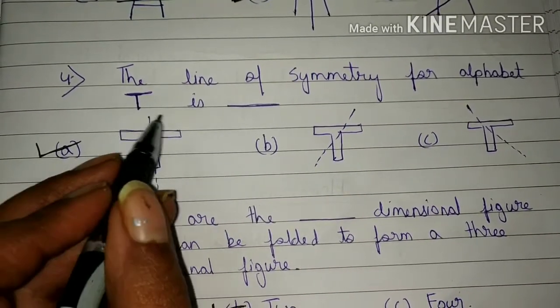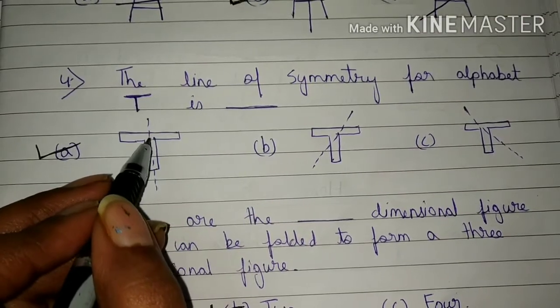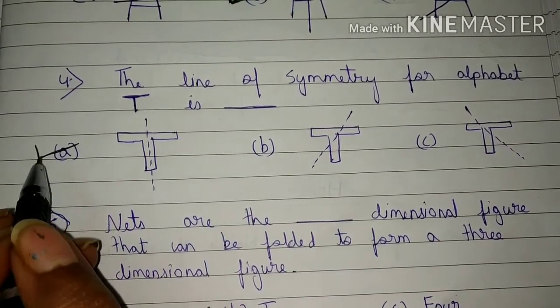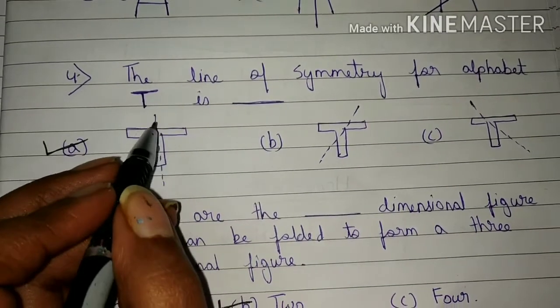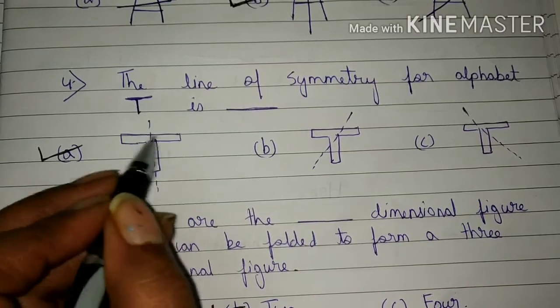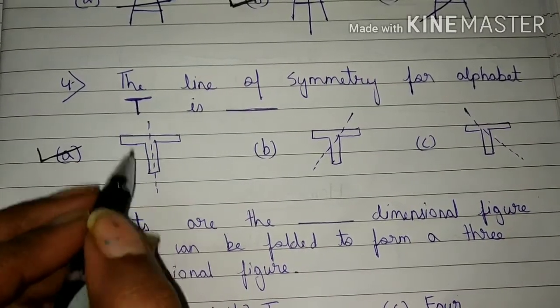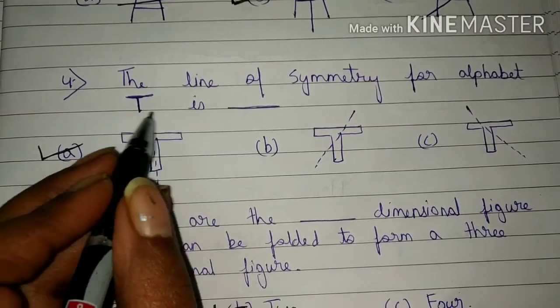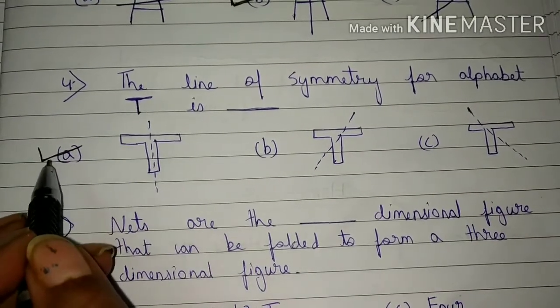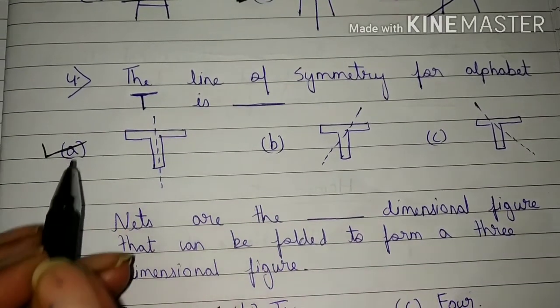So this is a line of symmetry for alphabet T. So students, the correct answer is option A, because this line divides the figure into 2 equal parts of same shape and size.